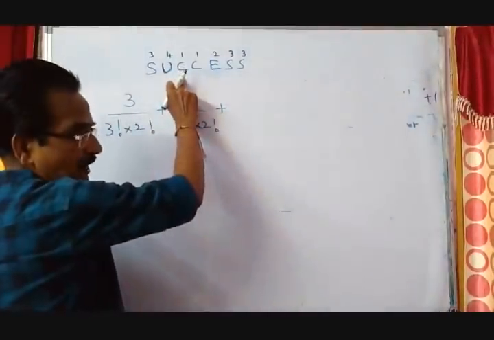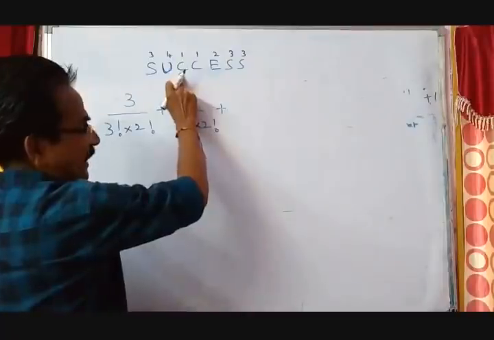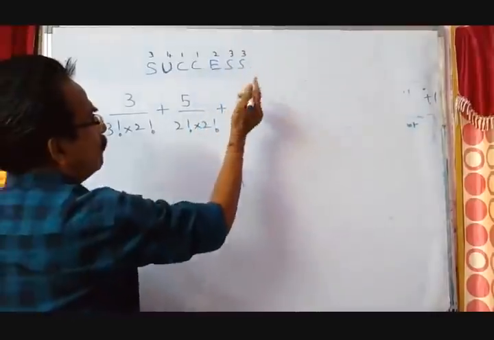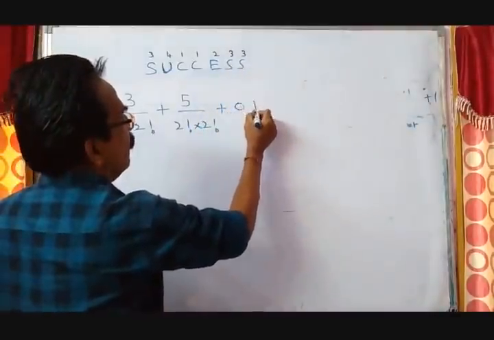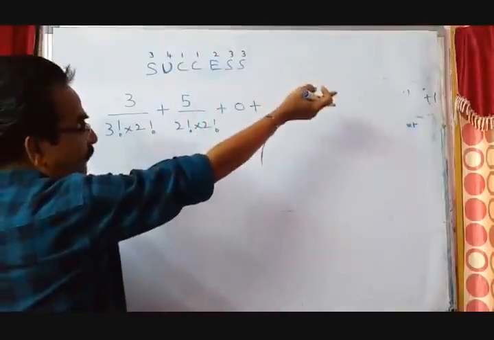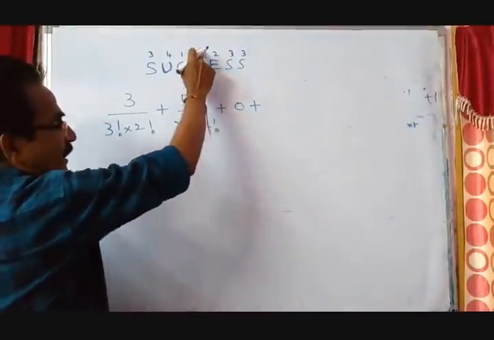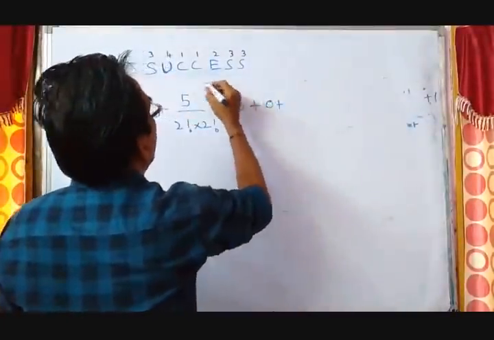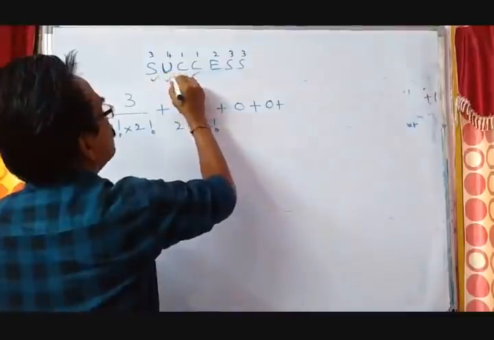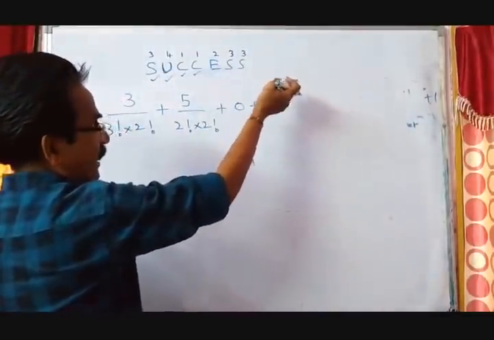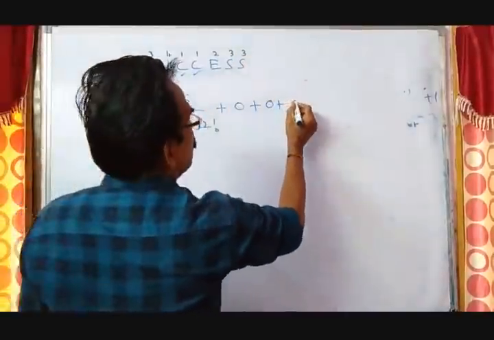Now let us go to C. How many letters are there to the right of C lower than the rank 1? No, 0. Plus, now E: there are no smaller letters than 2, so 0.